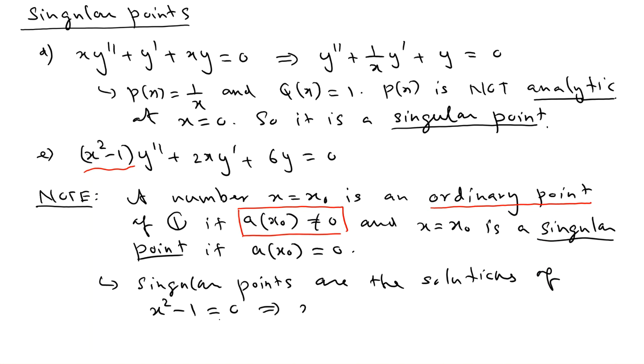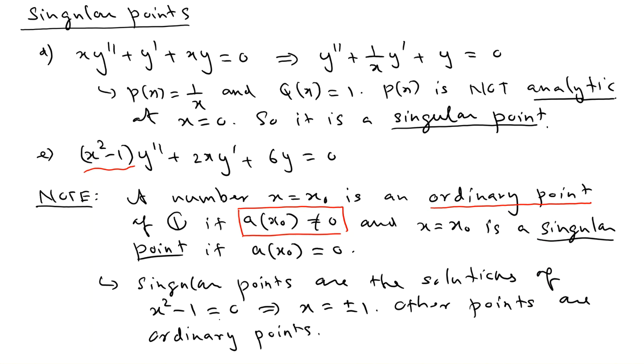This implies that x equals plus or minus 1. Those two are the singular points. All the other points are ordinary points.